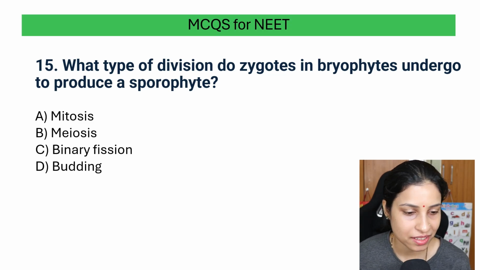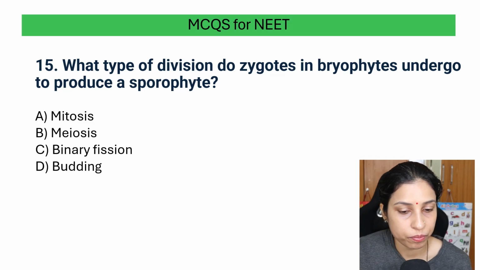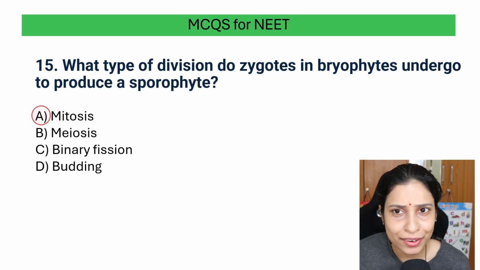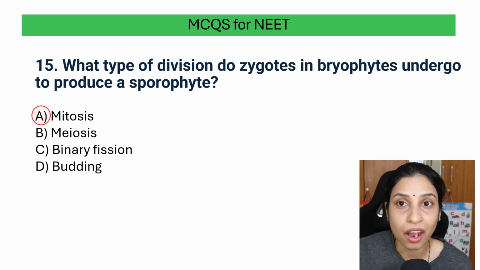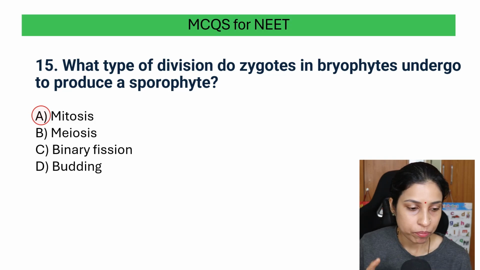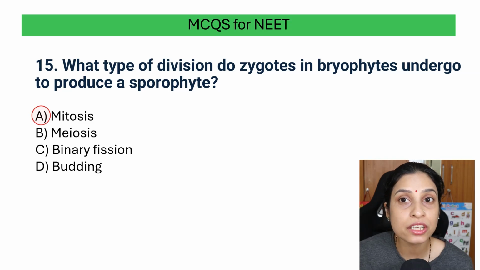After the formation of the zygote, to the sporophyte, what kind of division? Mitotic division, meiotic division, binary fission, or budding? Mitosis. Meiosis occurs only after the formation of the sporophyte, when it produces the spores. From the zygote to the sporophyte, it undergoes mitotic division only.